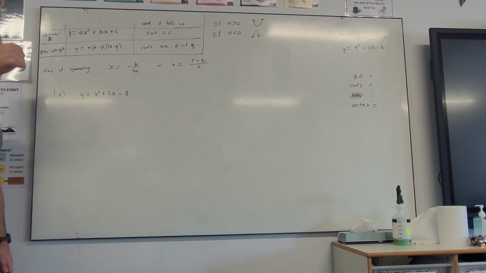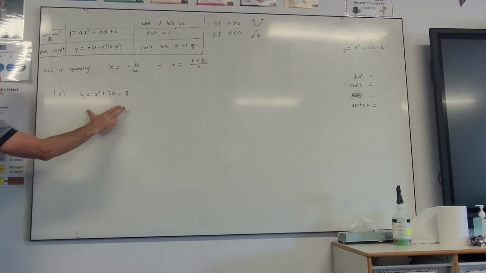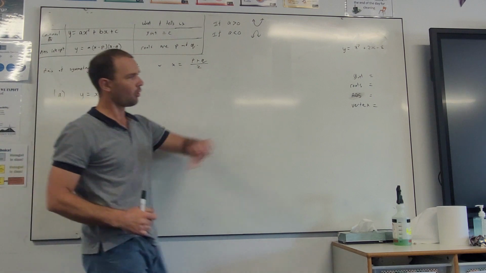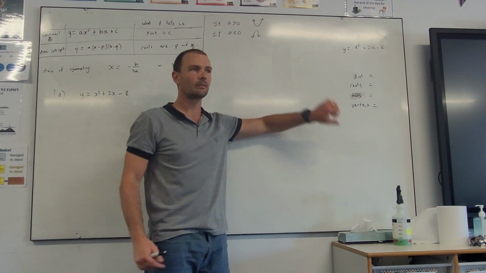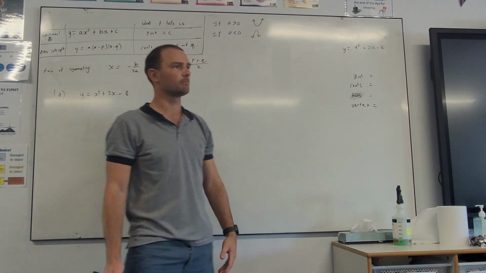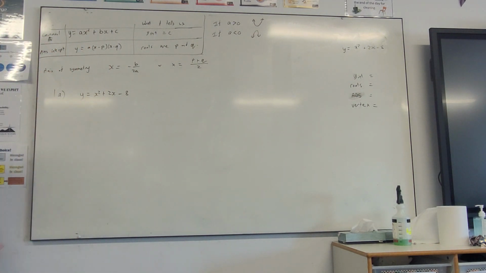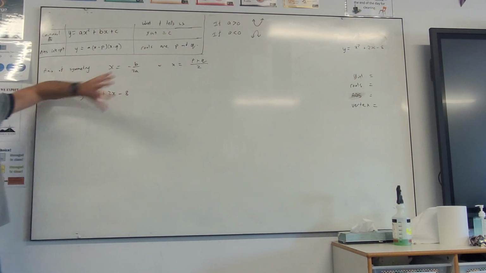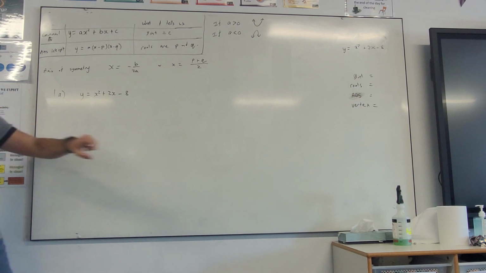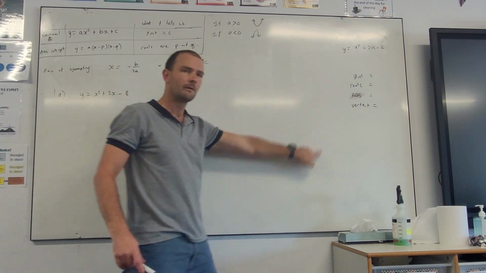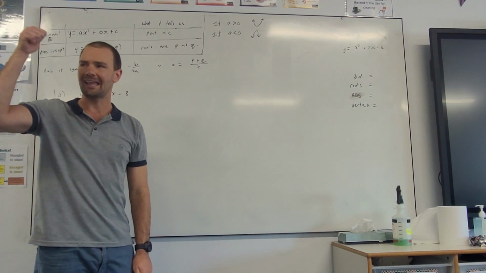What we're going to do now is start with a quadratic in general form. We're going to determine all of this information, and then we're going to plot it on the Cartesian plane. So I'm going to pop up to some of these things as we need them, and we're going to find them in this order. Firstly, we're going to find the y-intercept.